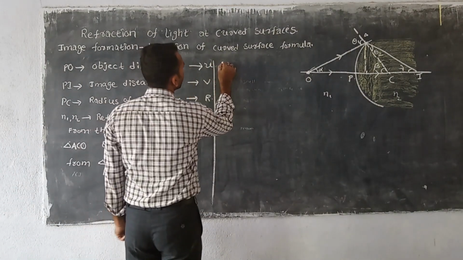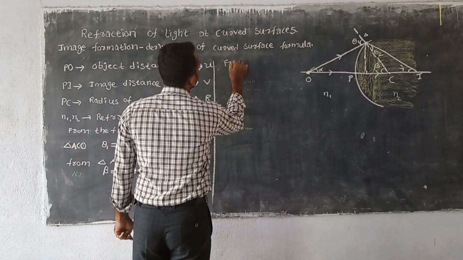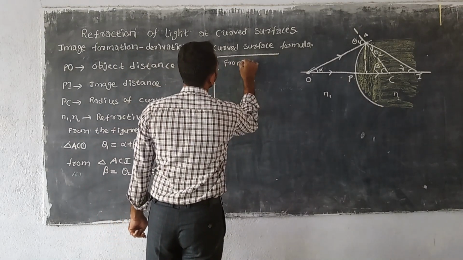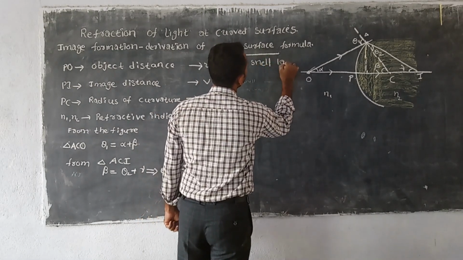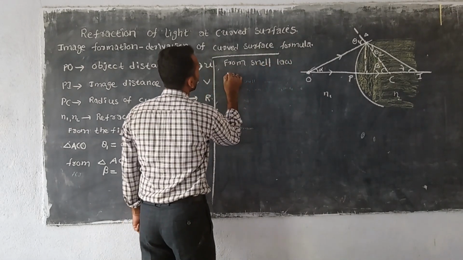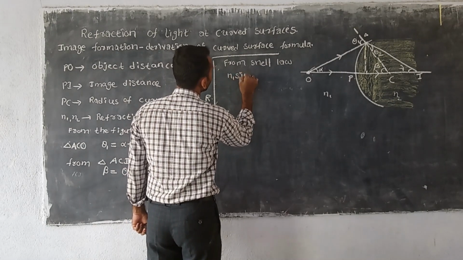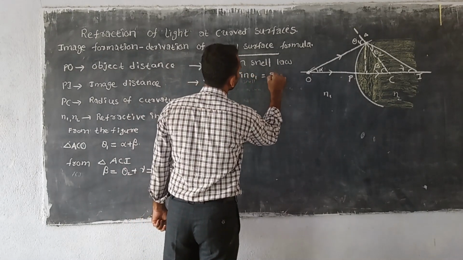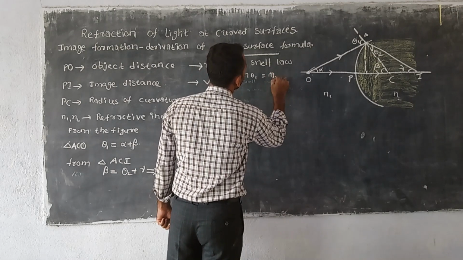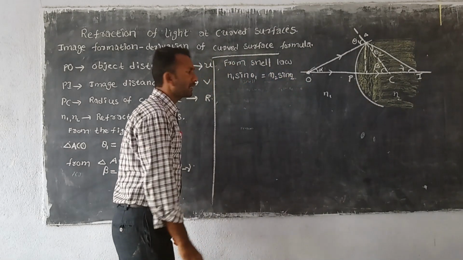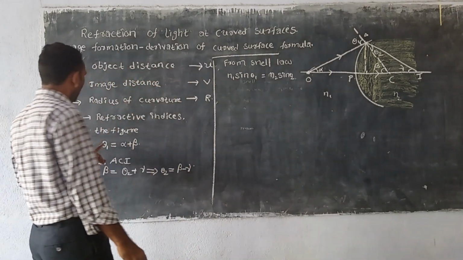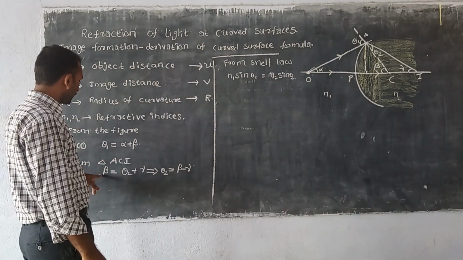And from Snell's law, what is Snell's law? n1 sin theta 1 equals n2 sin theta 2. Here we have the theta 1 value and theta 2 value.